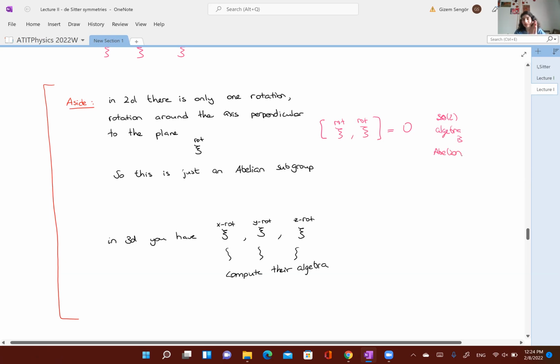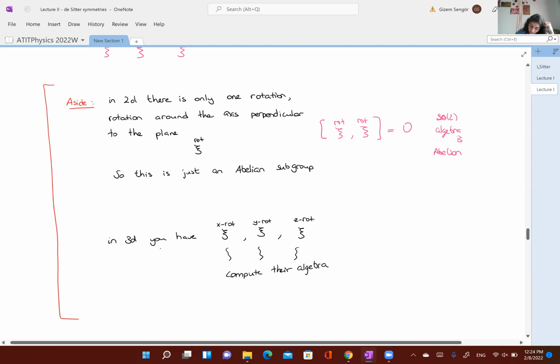You can look at the level of group elements also, it will commute. It doesn't matter when you rotate back and forth, the order doesn't matter if there is just one direction. So this is abelian.